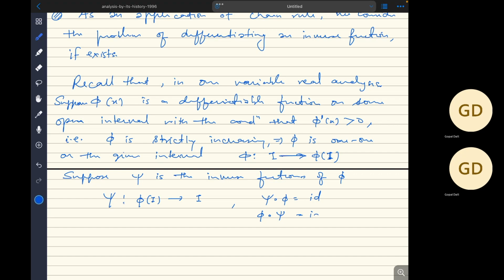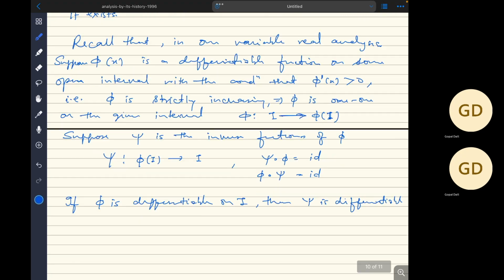This inverse function is defined, and if phi is differentiable on I, then psi is also differentiable, and it satisfies the following: psi dash y equals 1 by phi dash x, where y equals phi x.